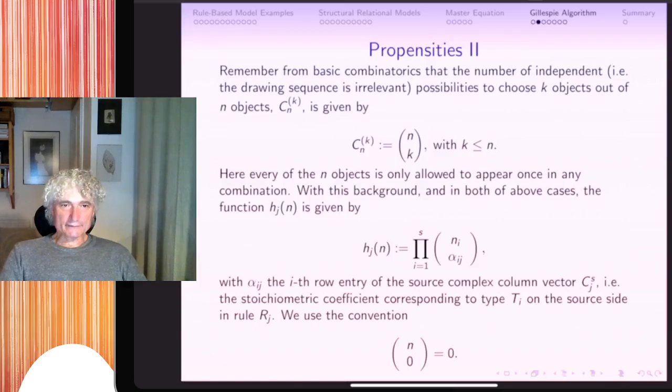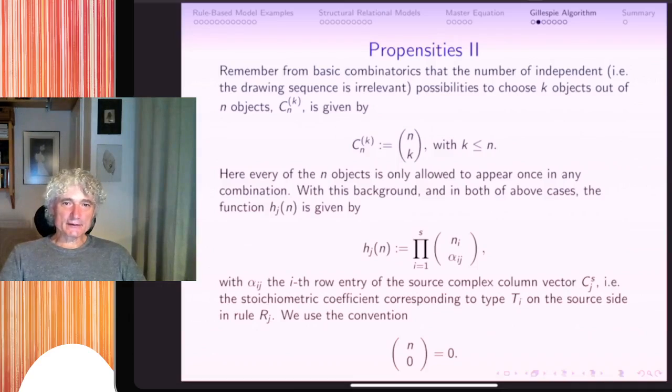First of all, you have to remember the number of independent possibilities to choose k objects out of n objects. This is how the objects now come together in a collision event, and it is given by this number C(n,k). And here every one of the n objects is allowed to appear once in any combination.